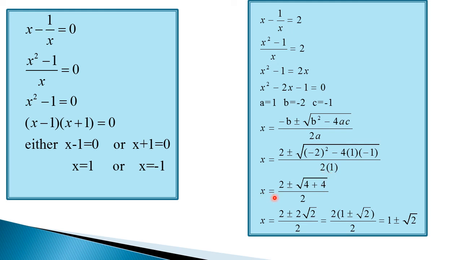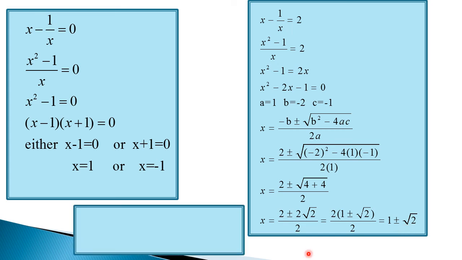So further x is equal to 2 plus minus under the root 4 plus 4 over 2. 4 plus 4 is equal to 8 and 8 can be written in the form of 2 under the root 2. So x is equal to 2 plus minus 2 under the root 2 over 2. Take 2 common from these two terms and the expression becomes 2 into 1 plus minus under the root 2 over 2, that is equal to 1 plus minus under the root 2.